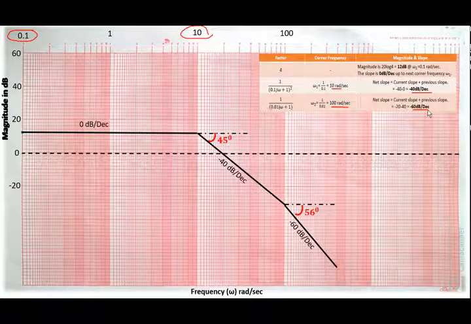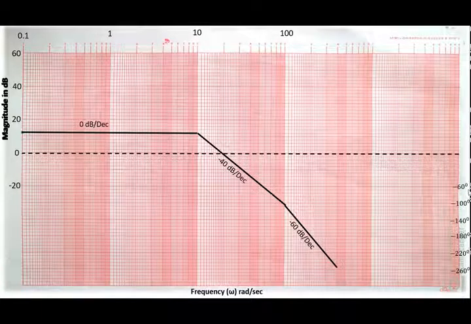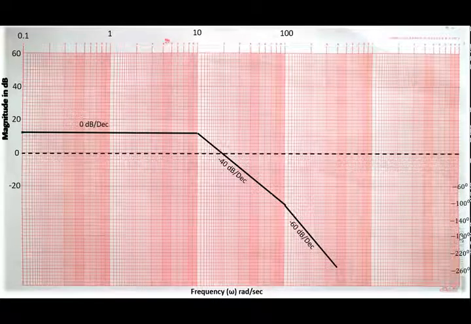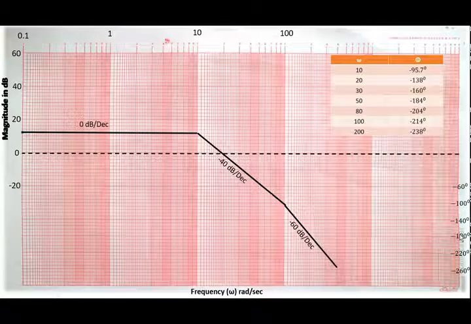Next let us go to the phase plot. For the phase plot, I am using the same scale. Minus 180 degrees is the reference line, and with a difference of 40 degrees I am using these values as a scale. Now let us see the phase angle plot table for different values of omega and phi.